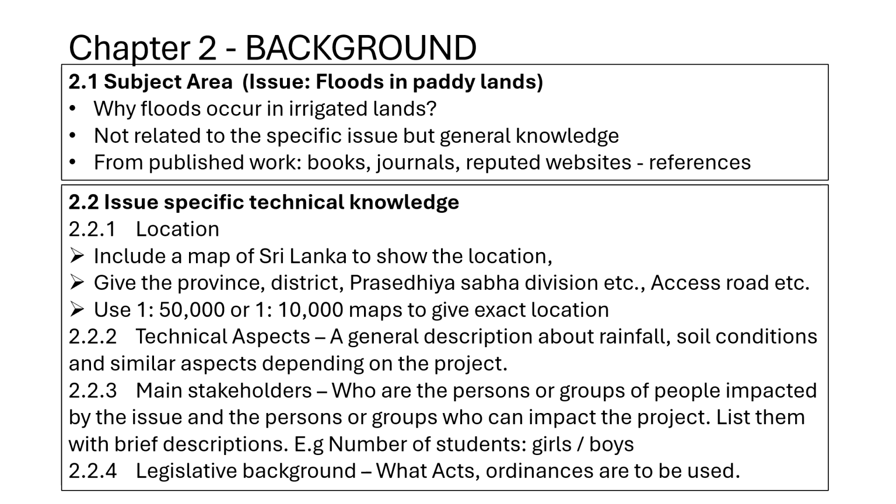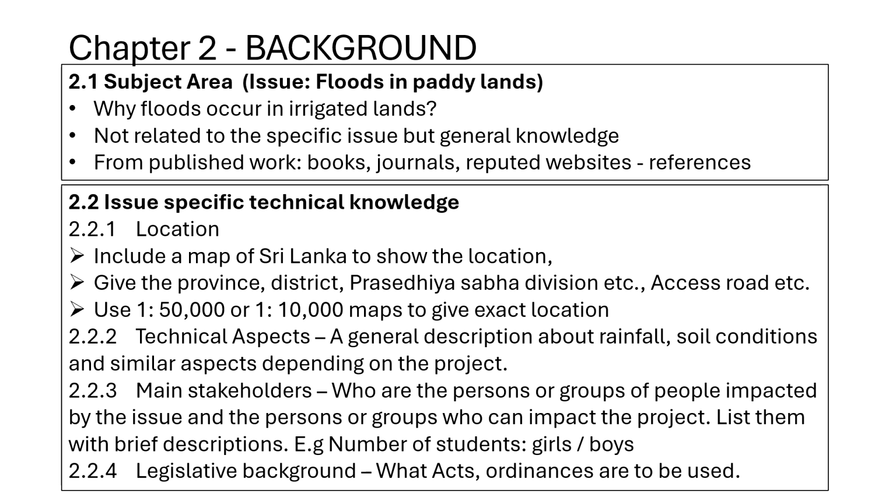You can write why floods occur in irrigated lands, not related to the specific issue, but general knowledge. Here, the subject area covers the total subject area from published work, which means books and journals, reputed websites, not any website, but you can take matters from the Asian Development Bank or World Bank.